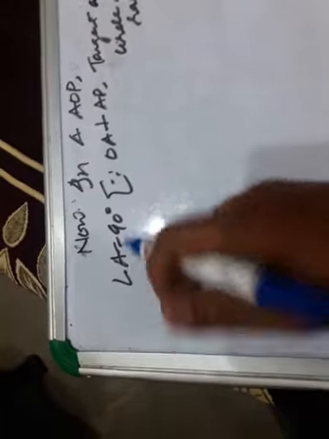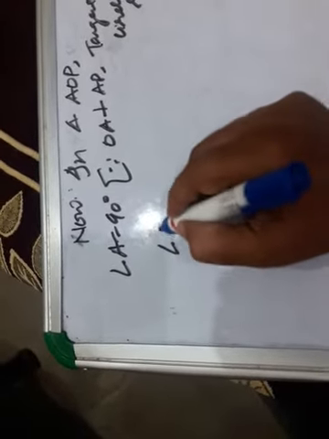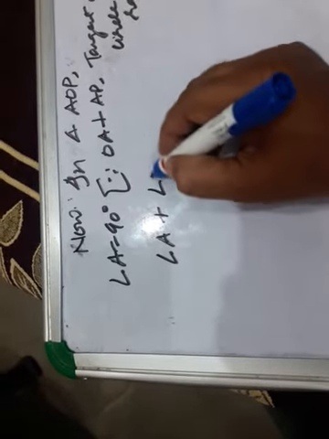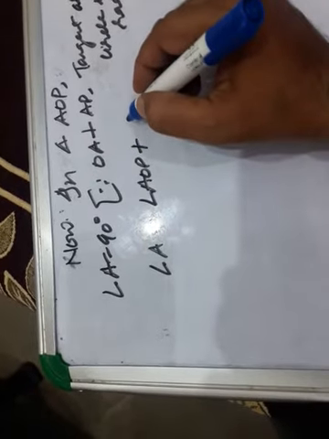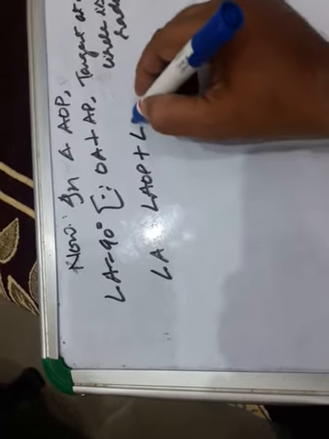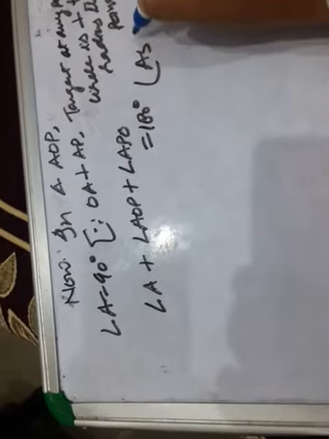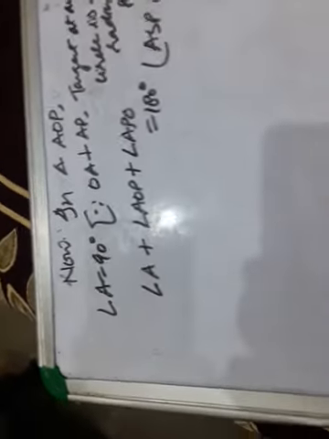Now what else is there? Again we will use the angle sum property in this question also. That is, angle A plus angle AOP plus angle APO equals 180 degrees. This is the angle sum property of a triangle.